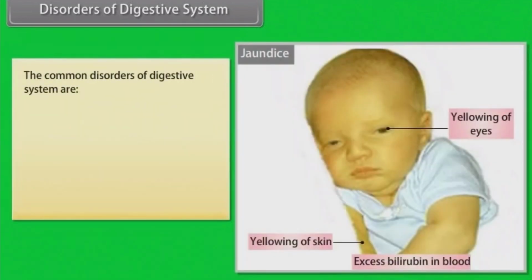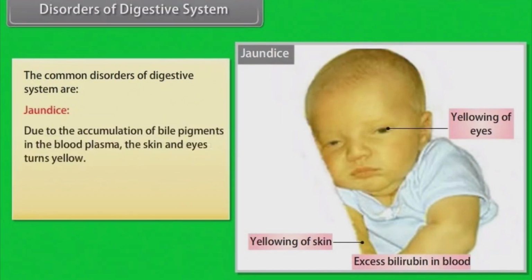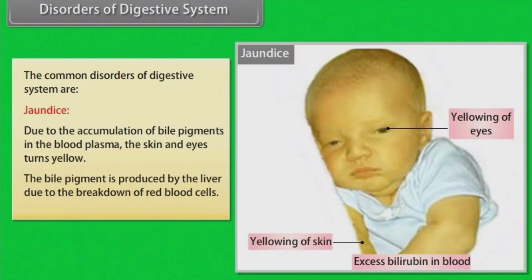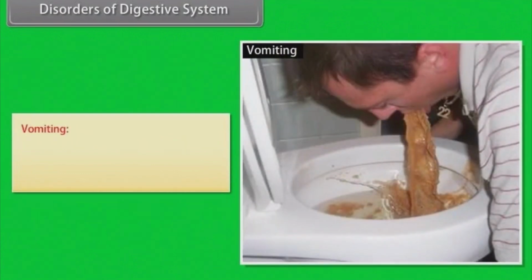Disorders of the digestive system. The common disorders of the digestive system are jaundice, due to the accumulation of bile pigments in the blood plasma, in which the skin and eyes turn yellow. The bile pigment is produced by the liver due to the breakdown of red blood cells. Vomiting, the ejection of the contents of the stomach through the mouth.